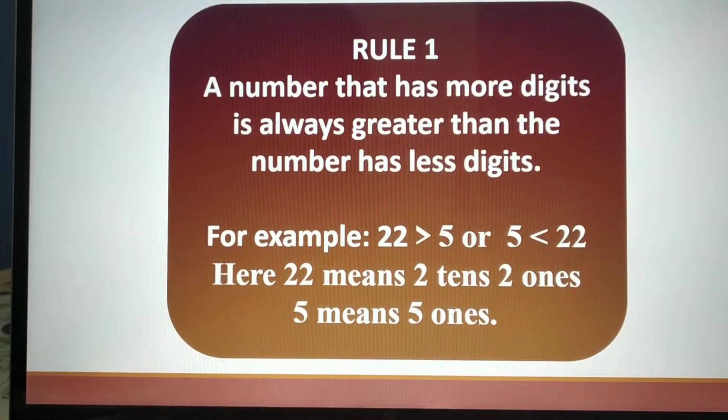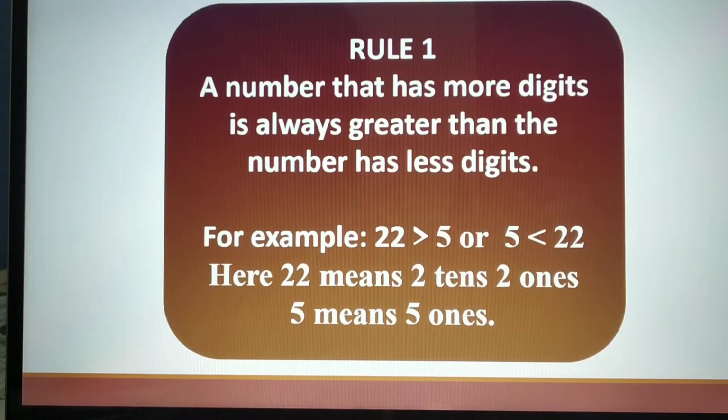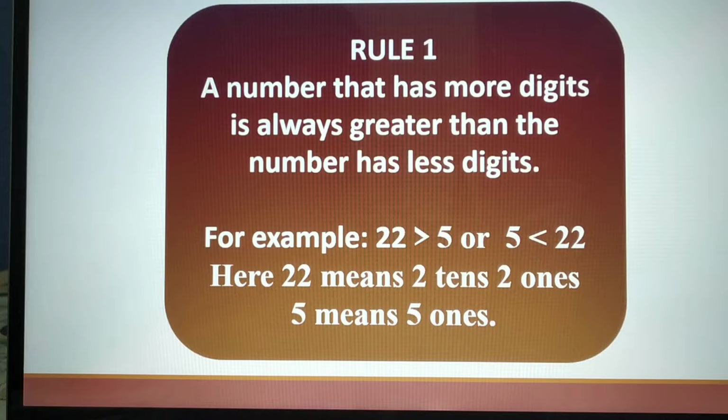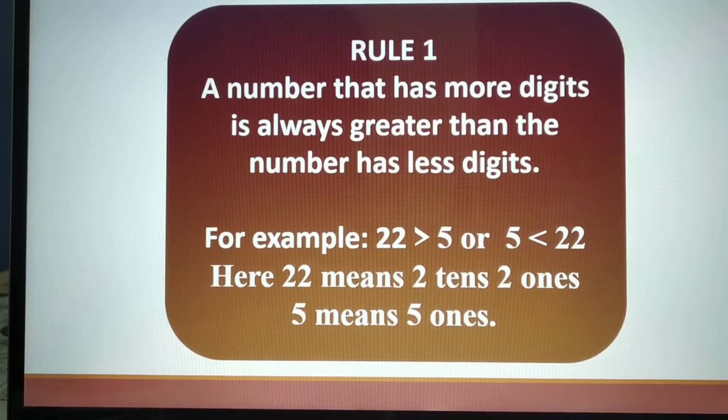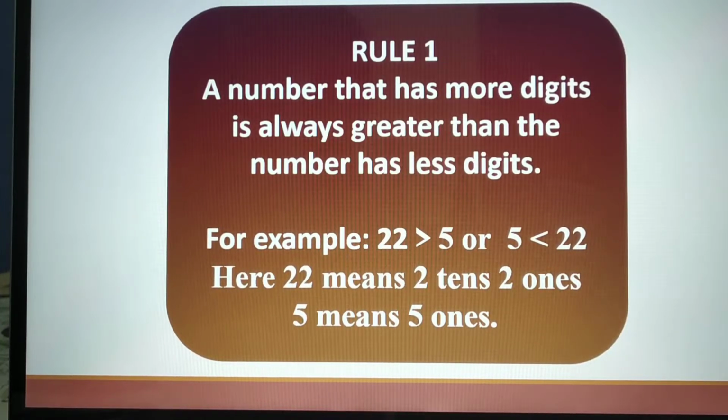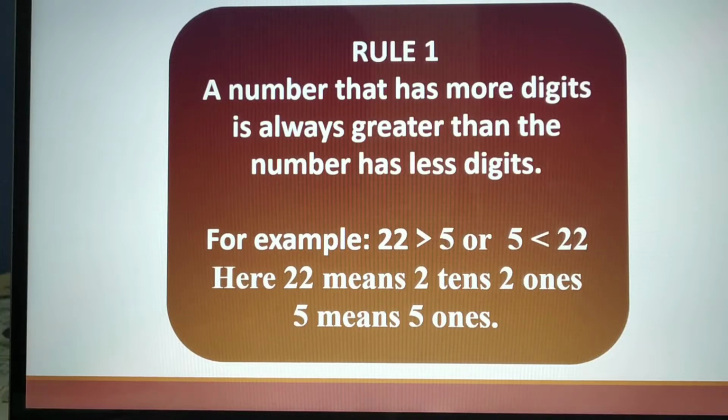Rule number 1. A number that has more digits is always greater than a number that has fewer digits. For example, 22 is greater than 5. In 22, how many digits are there? See, 2 tens, 2 ones, 2 digits.